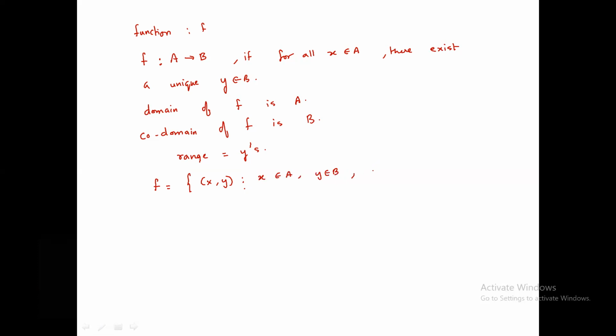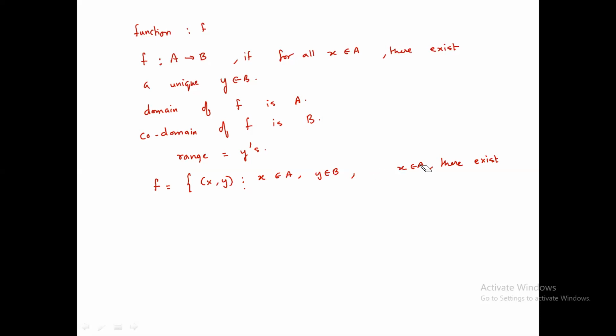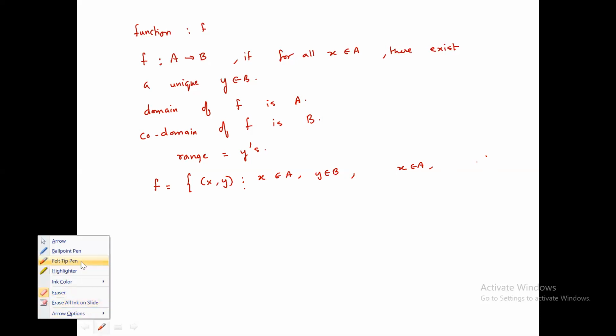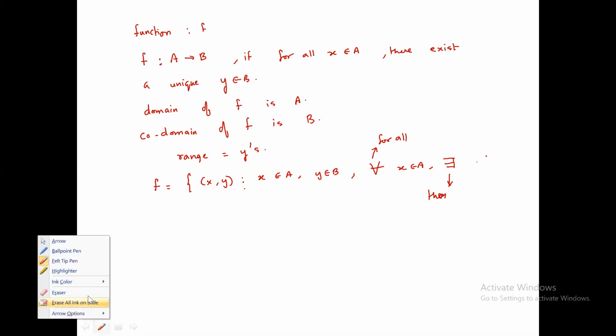But that is not enough. For all X belonging to A, there exists. Instead of writing for all again and again, in maths there is a symbol, because it is like a big sentence. The meaning of this is for all X in A, you are taking all the X's.